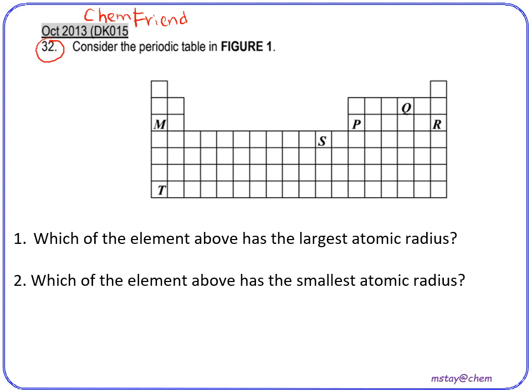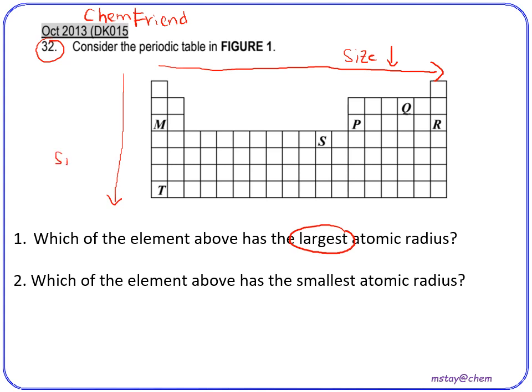Question number 1: which of the elements above has the largest atomic radius? We are going to use the conclusion that we learned in the previous slide. Across the period, the size is getting smaller, while going down the group, the size is getting bigger.